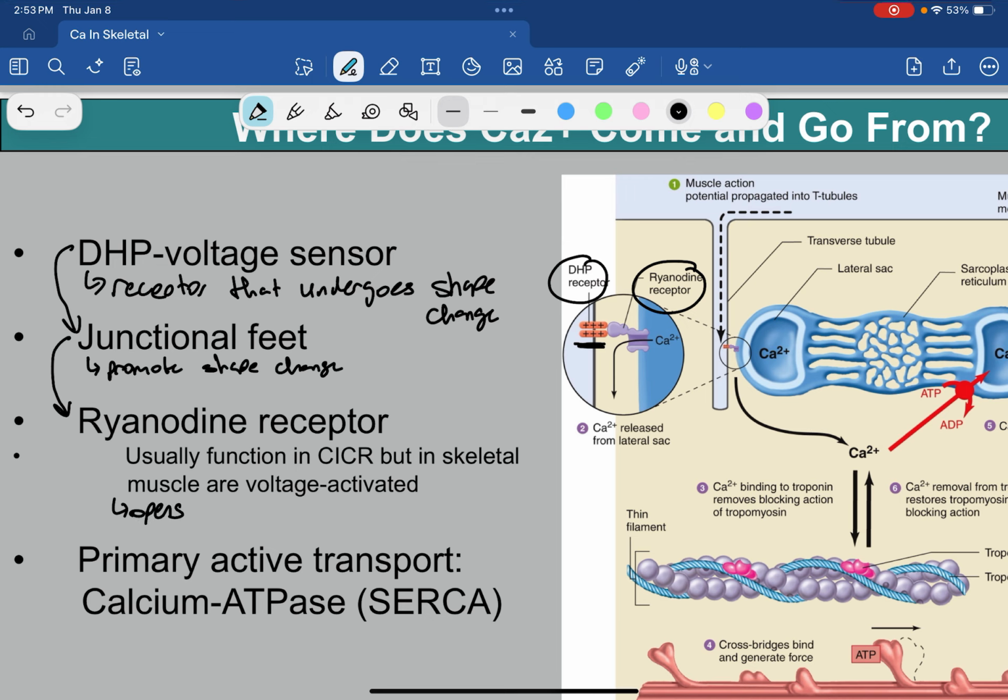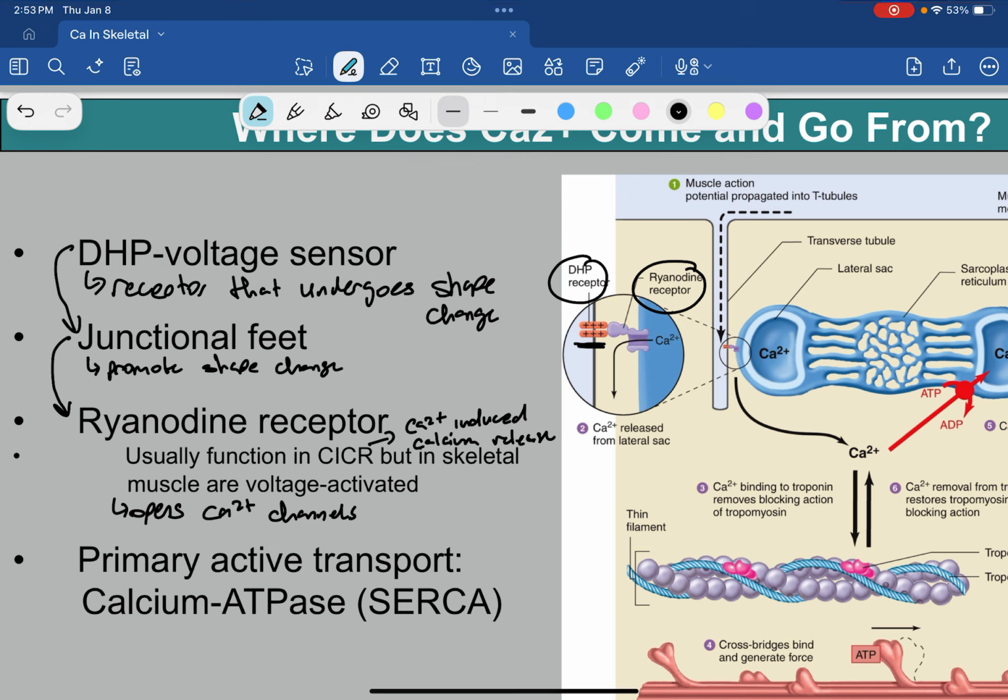Now, what is this word, CICR? CICR is calcium-induced calcium release. That just shows our next step, I guess you could say, because there are other forms of calcium in the cell that need more calcium to come out.